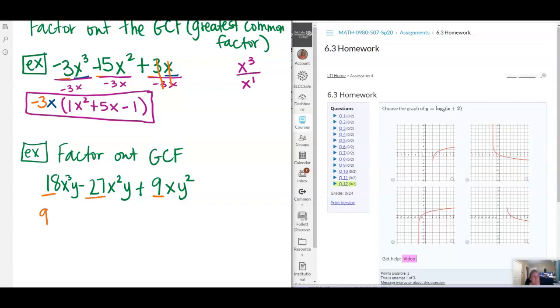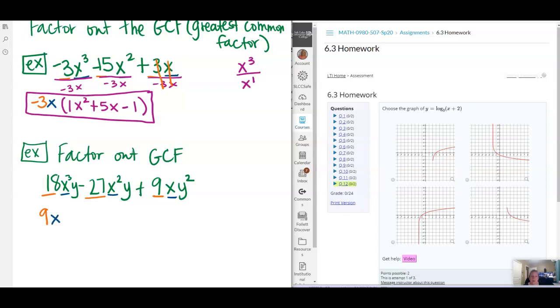Now let's look at the x's. All right, so the x part, what is the largest x that can divide out of each of those? Yeah, just one x. That's it.